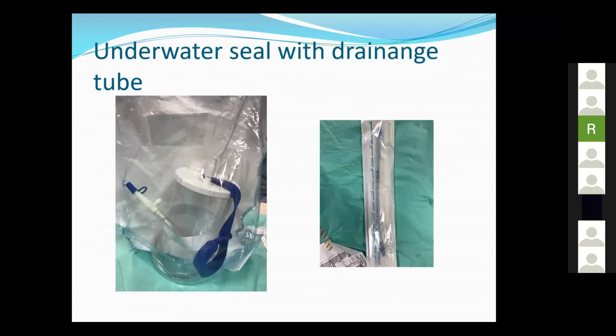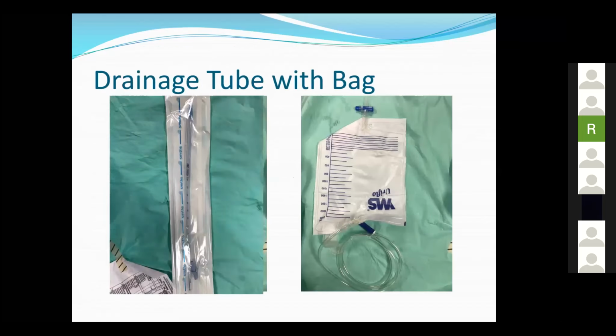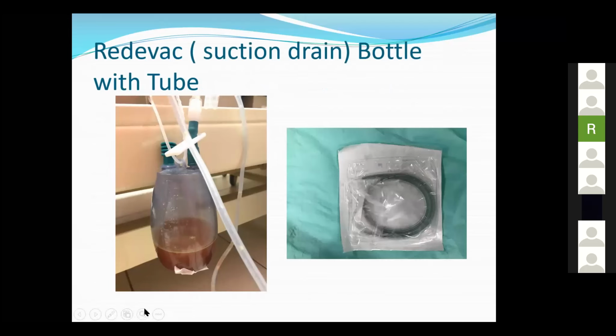So if you see the suction drains, one of the things is that if there is a negative pressure, then this green top remains sunk down, and you can see the fluid collecting there.